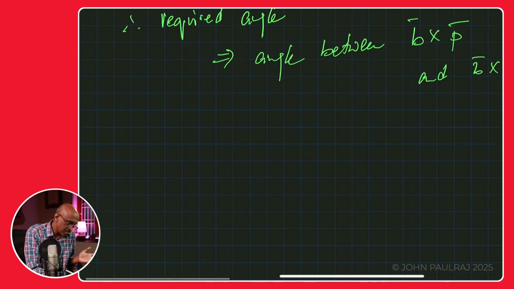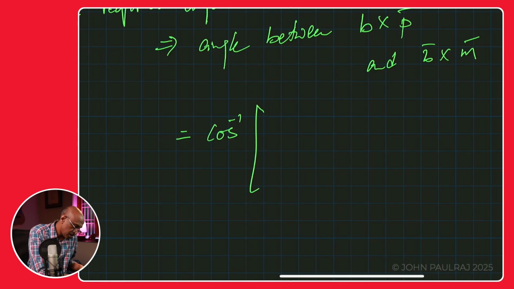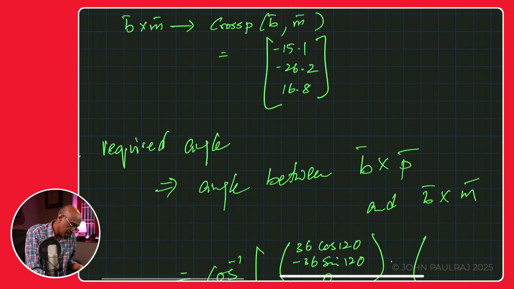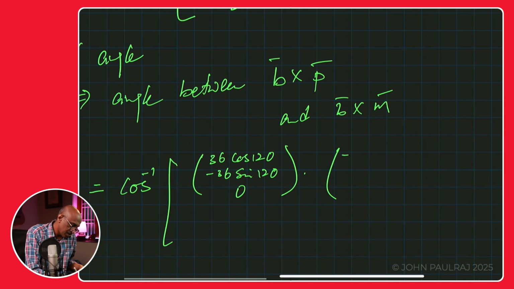Just to let them know what is going on, how you use part C. So that would be the cos inverse of 36 cos 120, negative 36 sine of 120, and 0, dot, and what do I have, negative 15.1, negative 26.2, and 16.8. It's important to put all these values down.